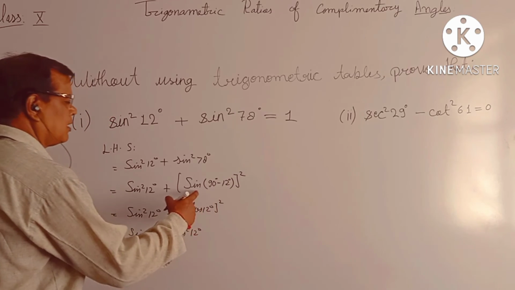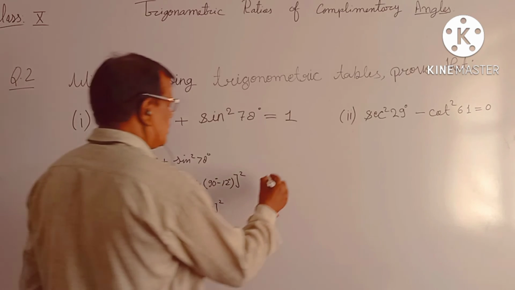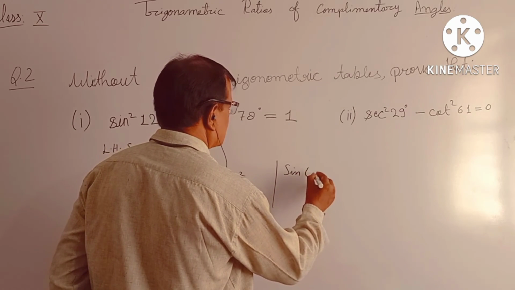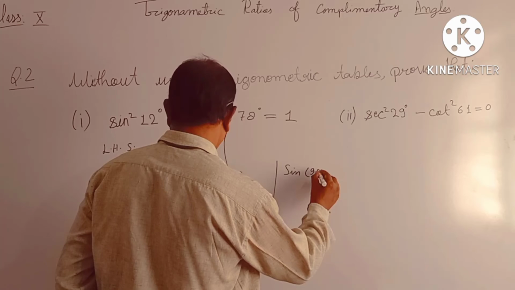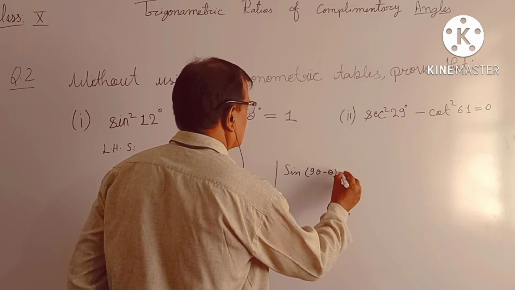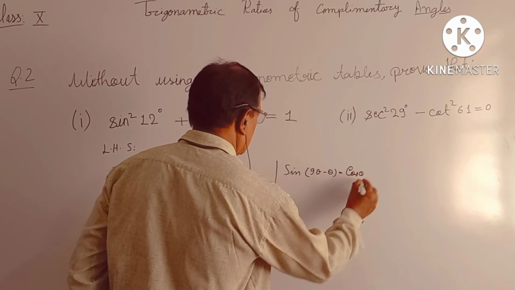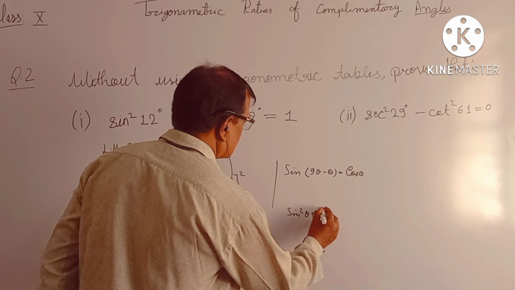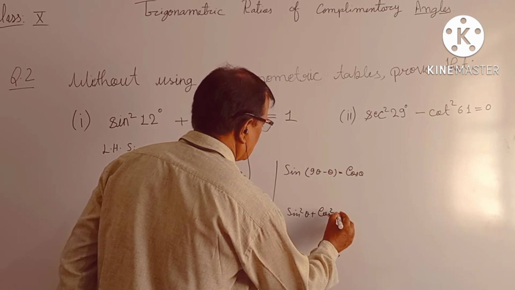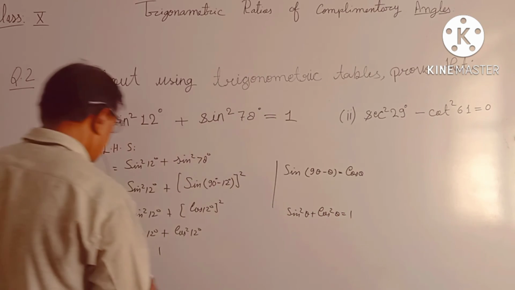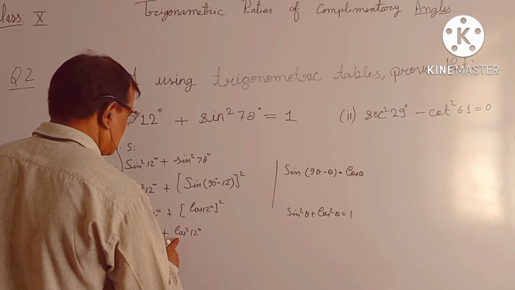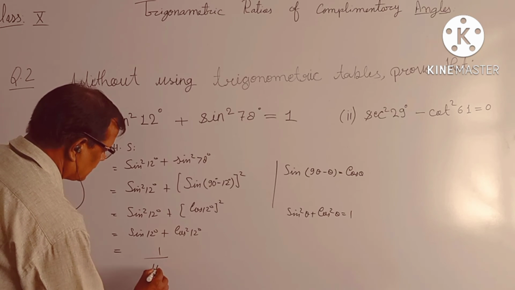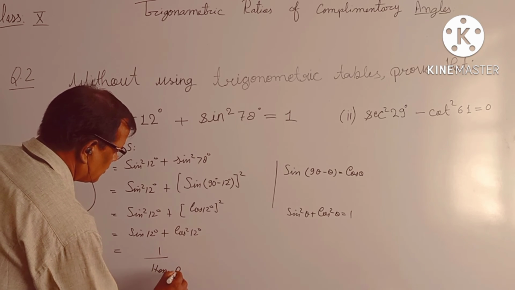We have used sine 90 minus theta equals cos theta, as written in the complementary angle identities, and sine square theta plus cos square theta equals 1. Hence it is also proved.